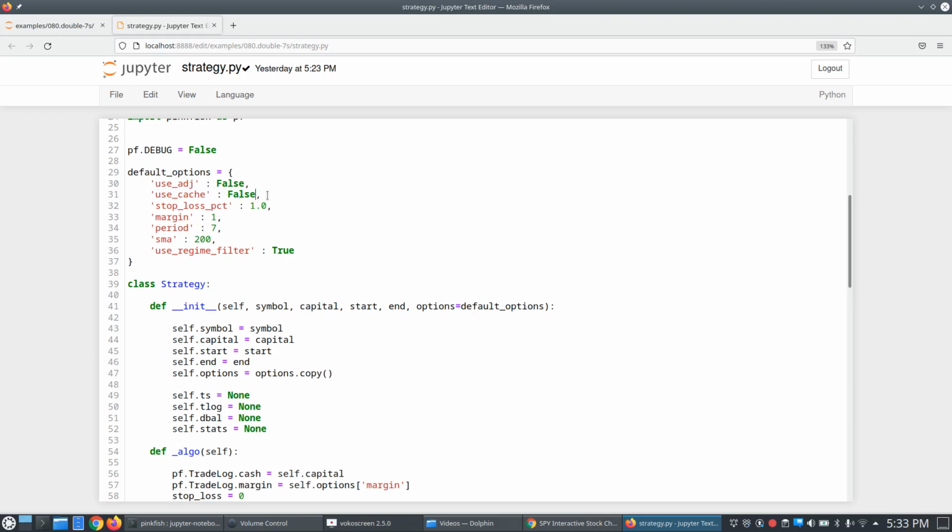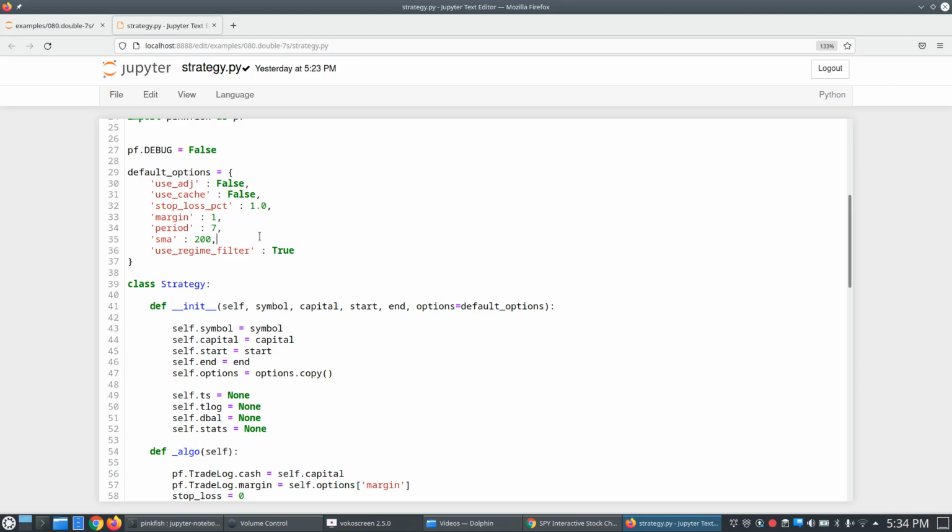And the stop loss percent. Basically, this turns off the stop loss. If you want to set a stop loss percent, say 10%, you would put this at 0.10. Set the margin to 1, so we're not using any leverage. And we're going to have the period to be 7.